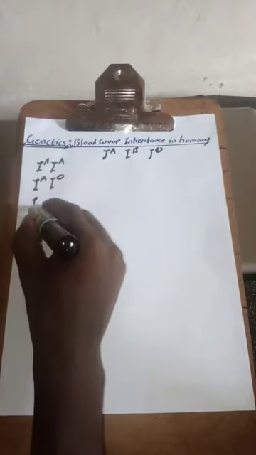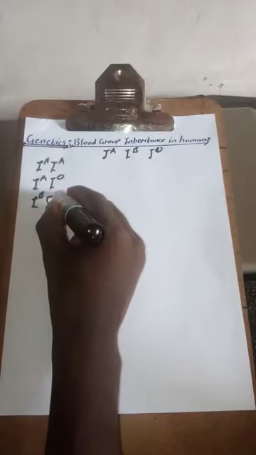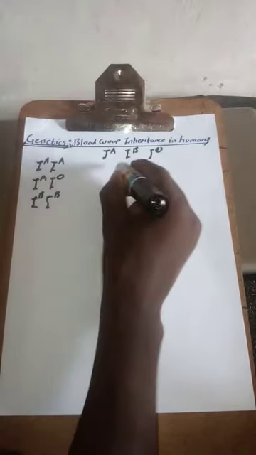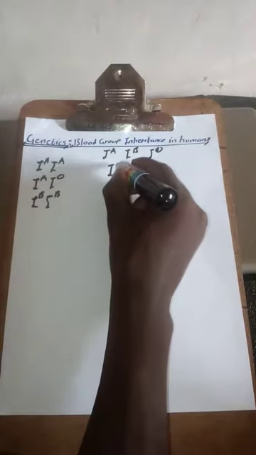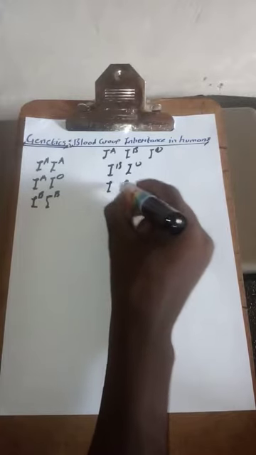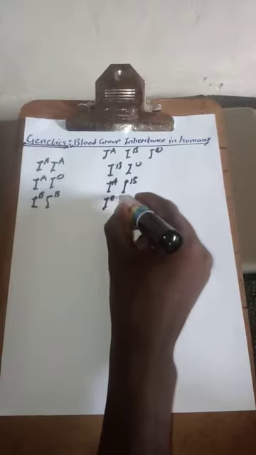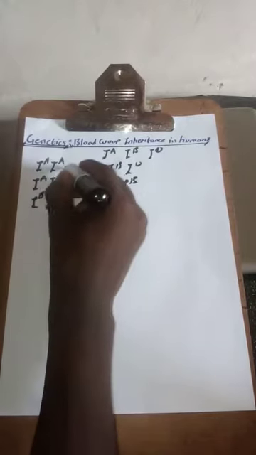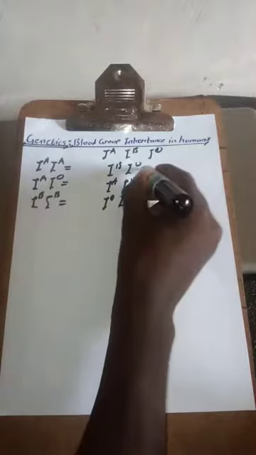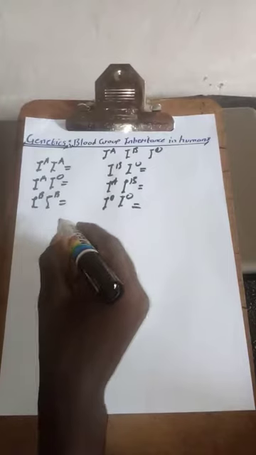Then another one where we have AO. Another one BB. Then BO. Then AB. Then OO. These are the 6 possible genotypes.